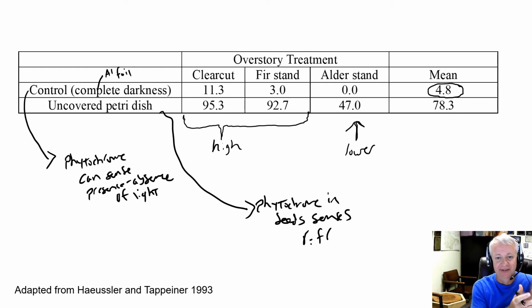It's just that there's no ability to detect the difference between that opening and a fir stand because the red to far red ratio is similar. So a really neat example of the use of phytochrome in seeds to sense the red to far red ratio and whether there's light or not, and to use that as a trigger for breaking of seed dormancy.